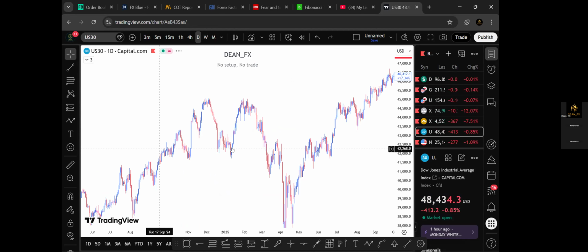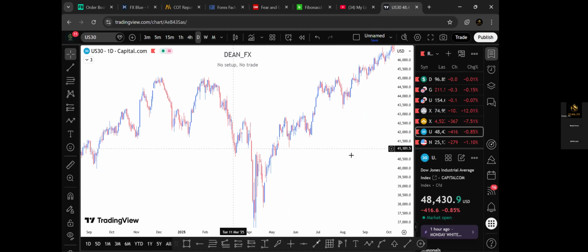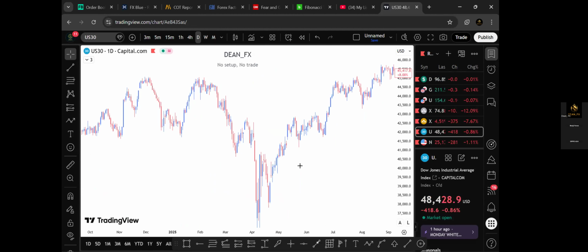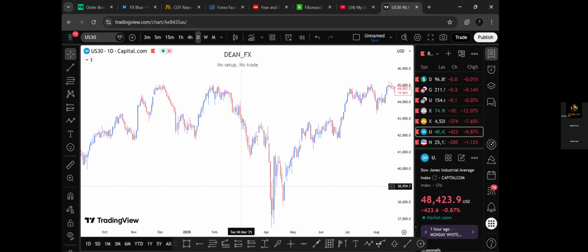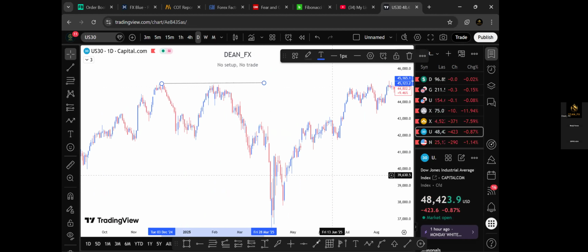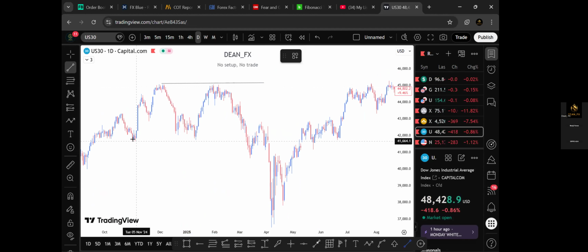Actually, I can use this one here so that I explain the change of character. So let's say this was the previous high, then this one was the previous low. This zone.